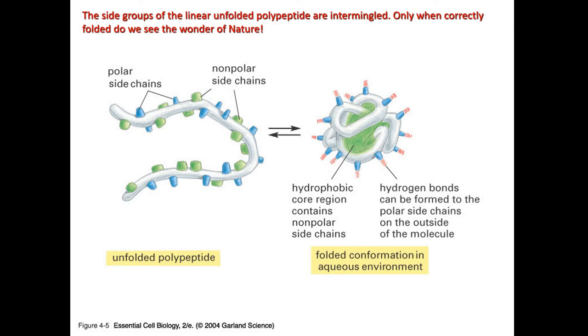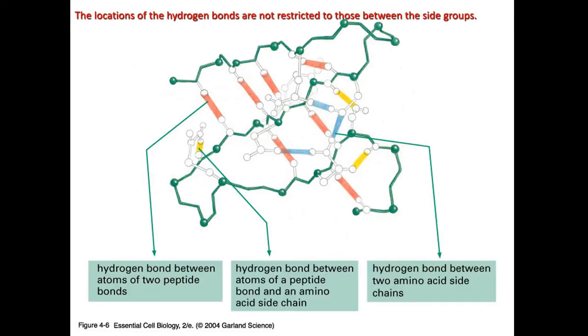But here the bonds play an important role. The location of the hydrogen bonds is not restricted to those between the side groups. Here is the example. You can see hydrogen bonds are found at different places, not only between the side groups.